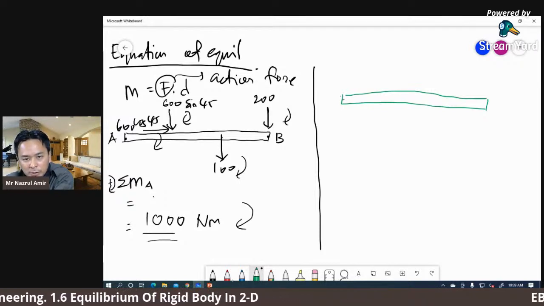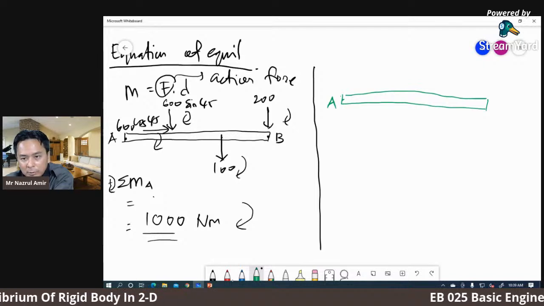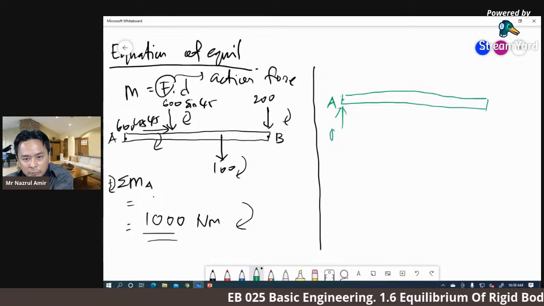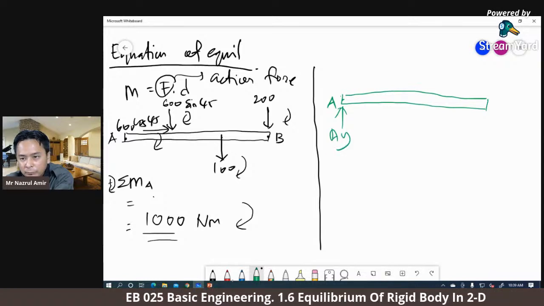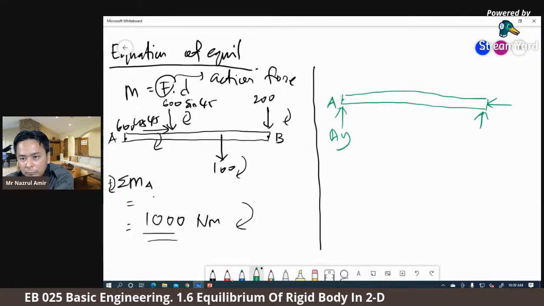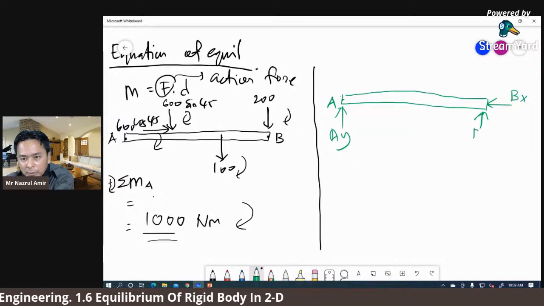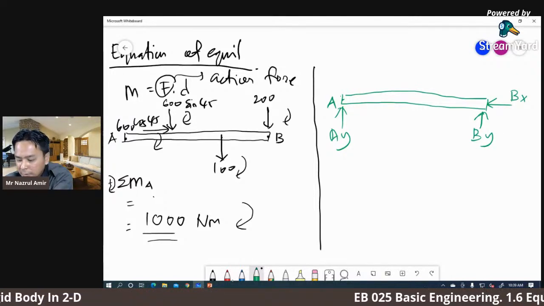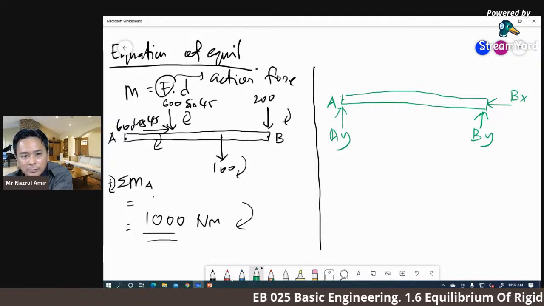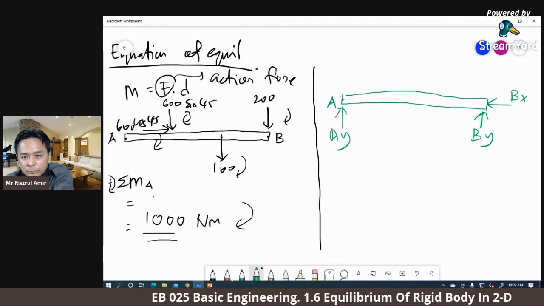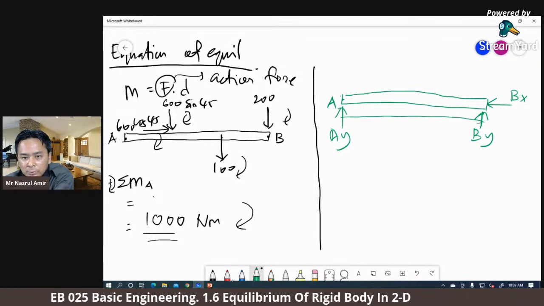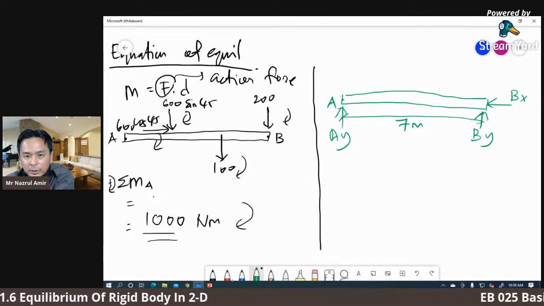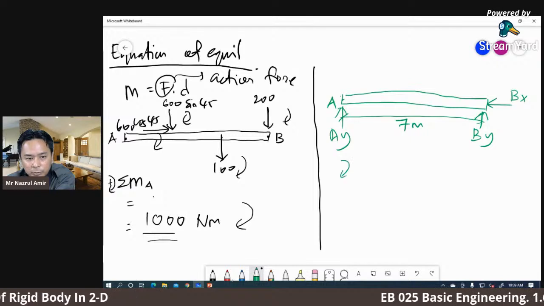We're going to use the same point A, but now I will consider the reaction forces only. So here we have Ay. Here we have Bx and By. All the action forces are neglected in this case. So this distance is 7 meter.